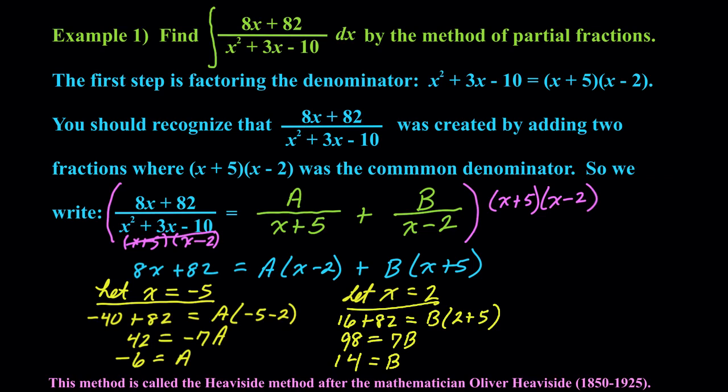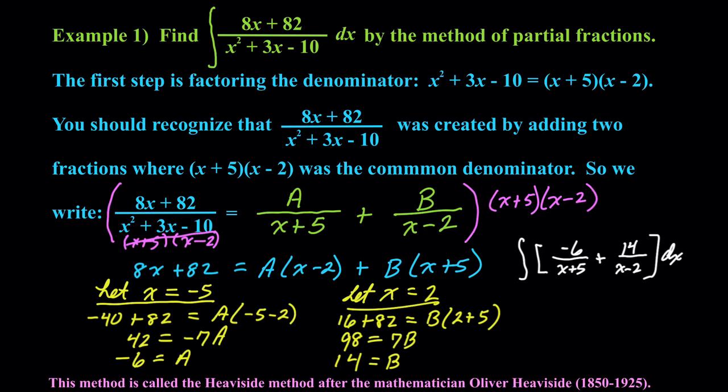All right, so now we can rewrite this problem as the integral of a over x plus 5, and the a value was negative 6, so it's going to be negative 6 over x plus 5 plus the b value, which is 14 over x minus 2 dx.